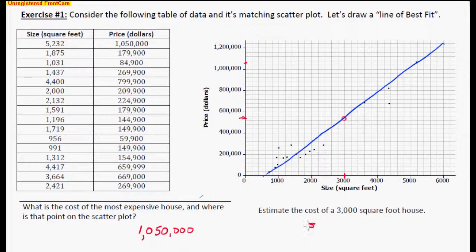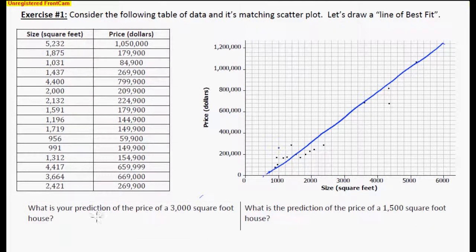So I'm going to say $540,000, okay? So I use my line of best fit to answer some of these questions once I draw it on here, okay? If you notice, this question really is asking the same question as the one before. So we're going to go right on to this one over here.